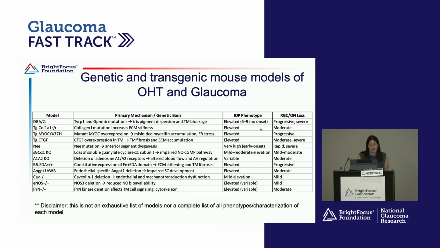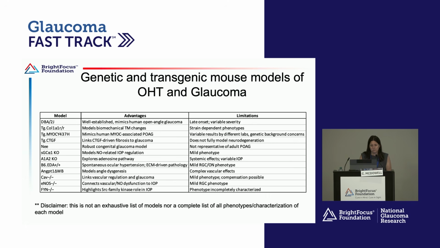So many of these models have different IOP phenotypes, different timing of onset, level of IOP elevation, and concurrently different levels of RGC loss and optic nerve damage. So these are all important things to consider when choosing what might be the right model for you.